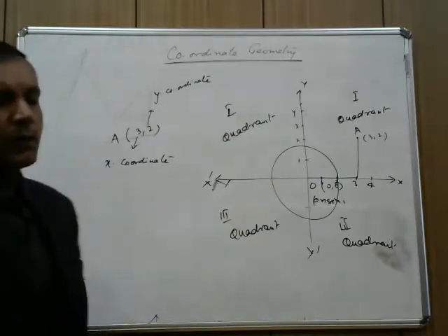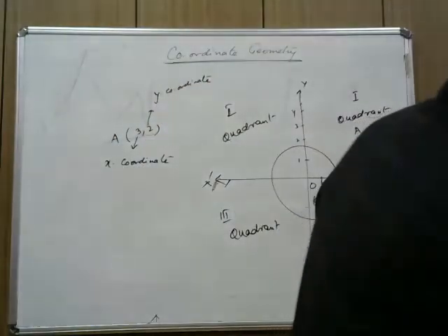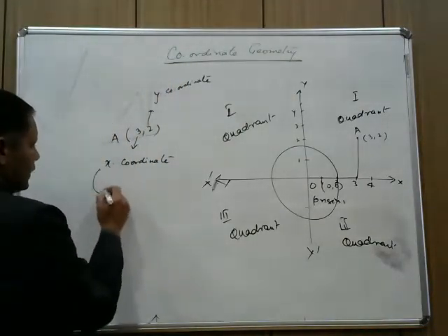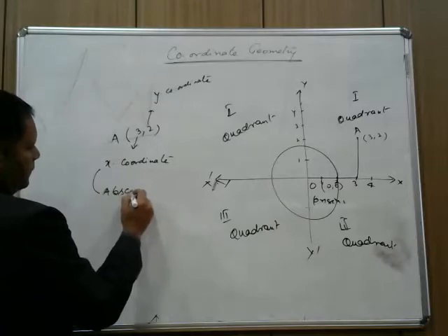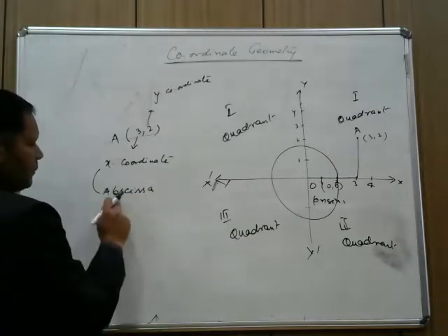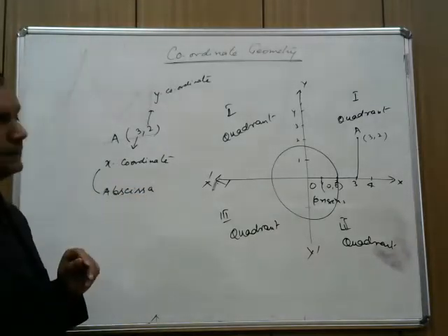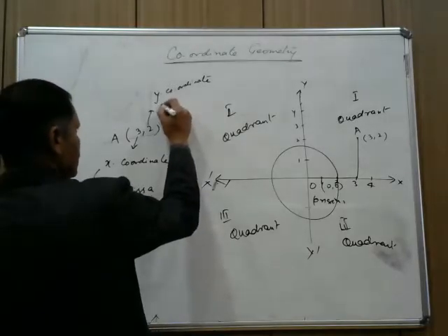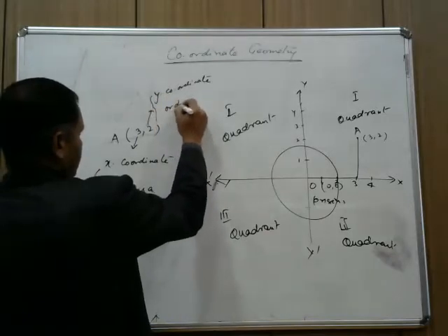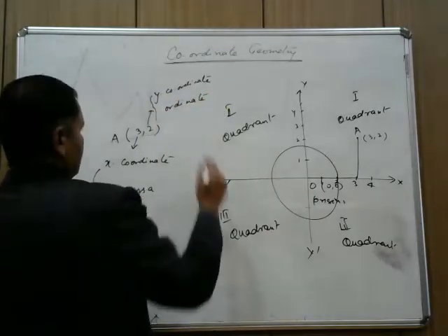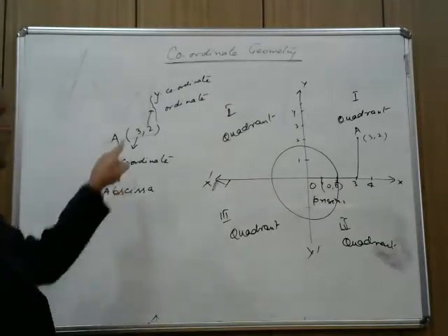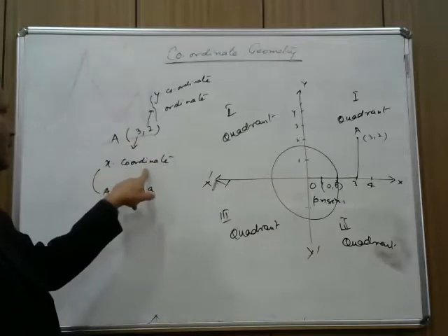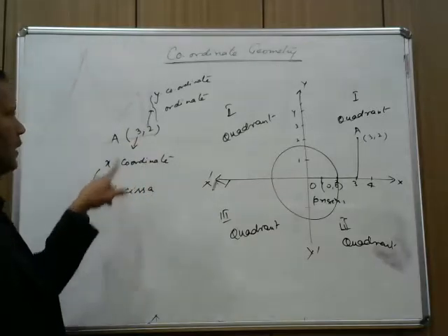There is another important name: the x coordinate is also known as abscissa, A-B-S-C-I-S-S-A, abscissa. And the y coordinate is also known as ordinate, simply ordinate. There are two names for the x coordinate and the y coordinate.